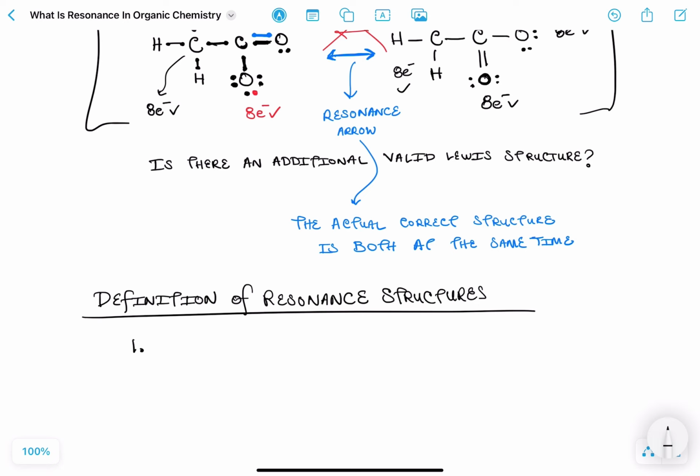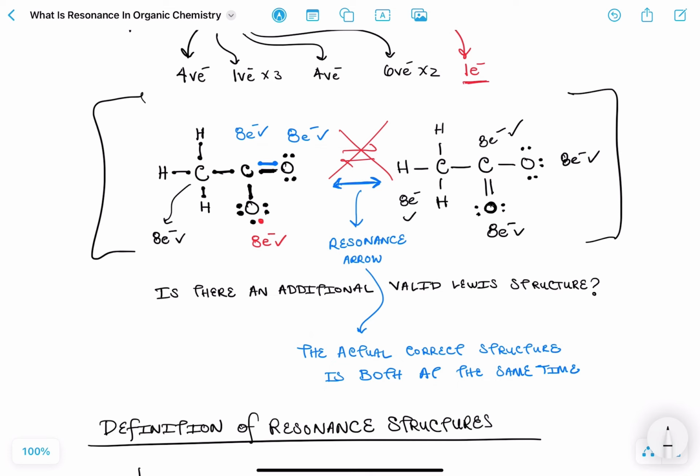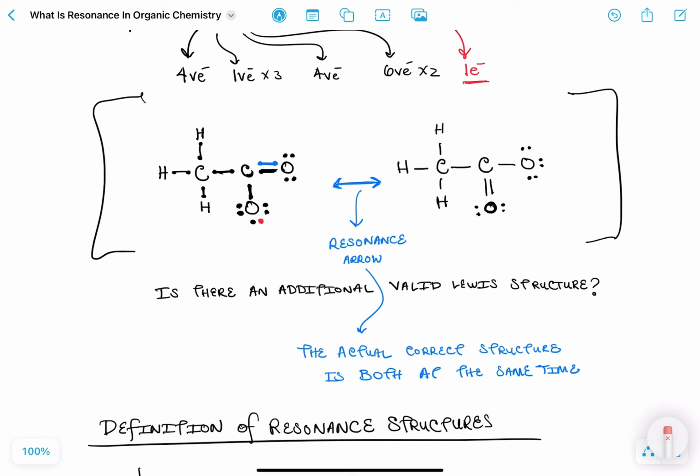So the first thing that we want to think about is that in both of these structures, I'll go ahead and clean this up a bit, get rid of the octets, and the equilibrium arrow.